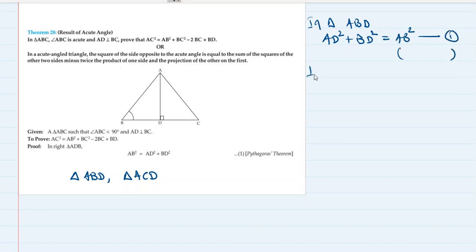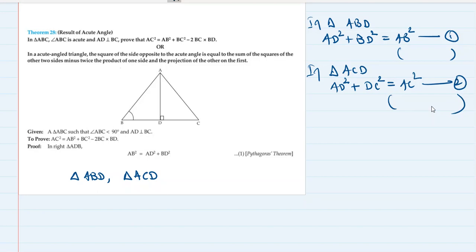Then in triangle ACD, AD square plus DC square is equal to AC square. Equation number 2 by Pythagoras theorem. Superb. Now what?